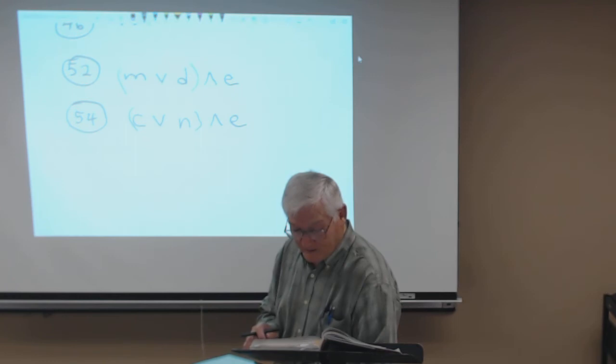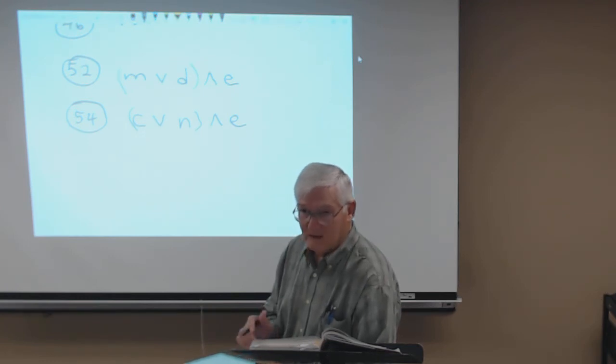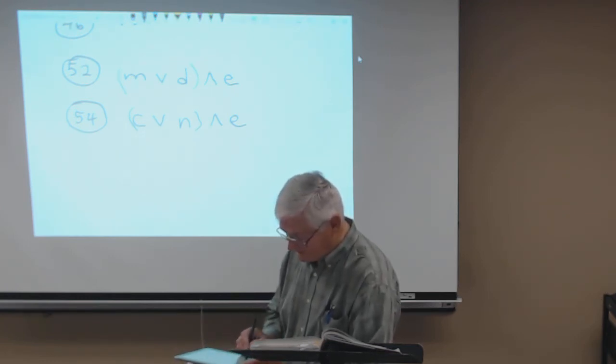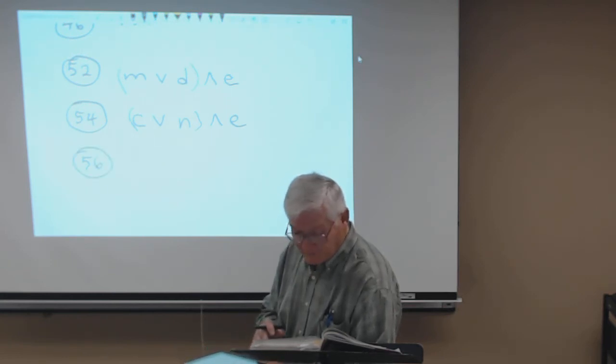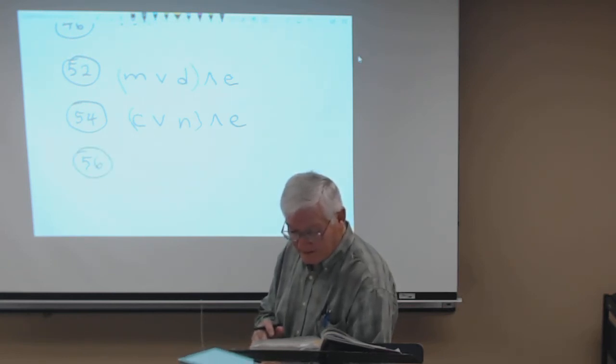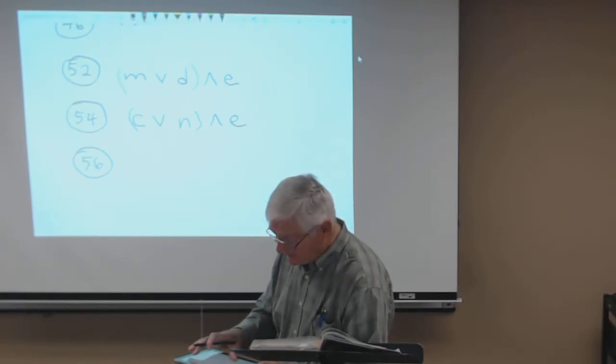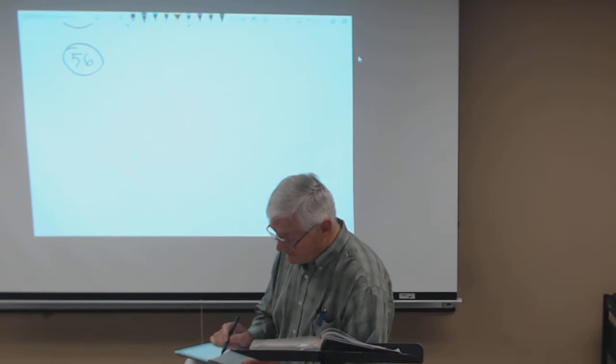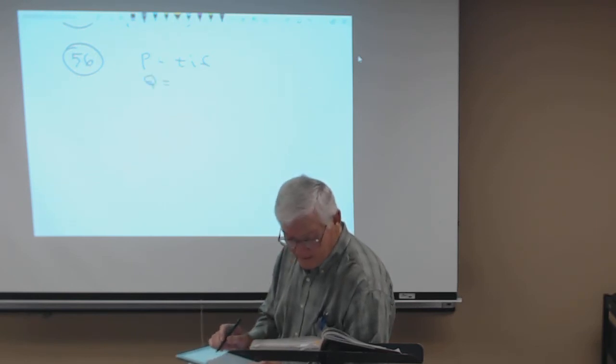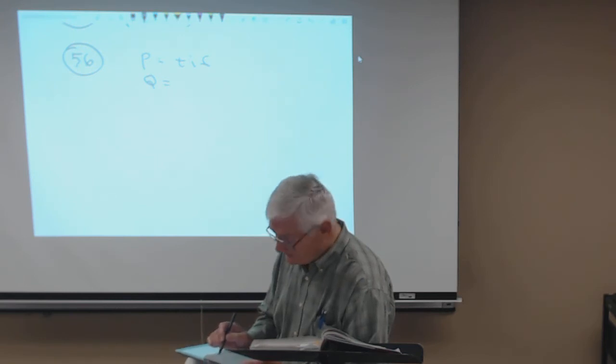Okay. Stop when you get to 57, so let's do number 56. Let P be today is Friday. So P is today is Friday. Q is what? Tomorrow is Saturday.